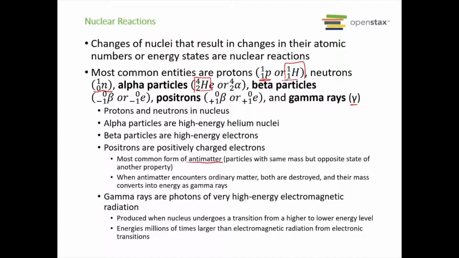So antimatter is particles that have the same mass but an opposite state of another property. In this case, positrons have the same mass but are in the opposite state of electrons, so they have opposite charges: a positive versus a negative charge. When antimatter encounters ordinary matter, they're both destroyed, and their mass converts into energy in the form of gamma rays.